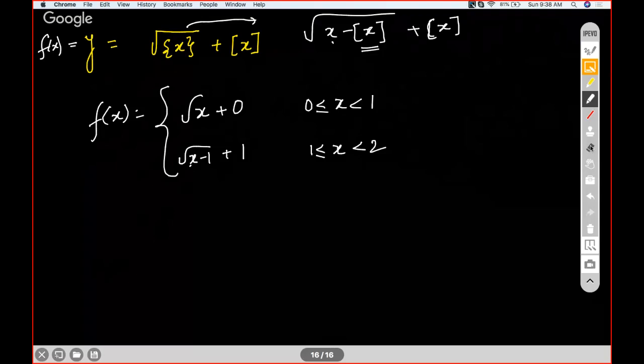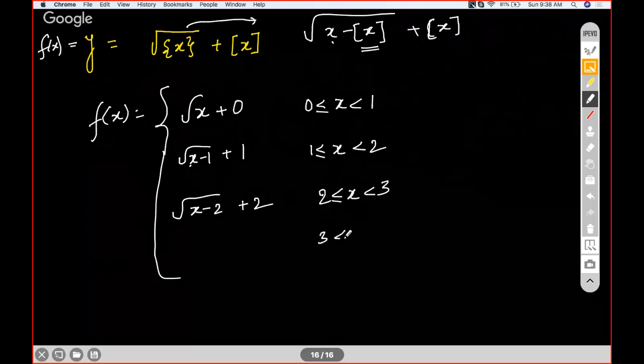Fine. Now you know the trend. What will happen after that? Let's say 2 to 3. Then it'll be root of x minus 2 plus 2. Absolutely, very good. Then 3 to 4 will be root of x minus 3 plus 3. Now enough evidence is there for us to plot the graph. Let me start plotting the graph.